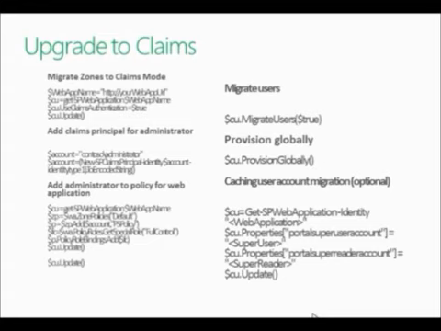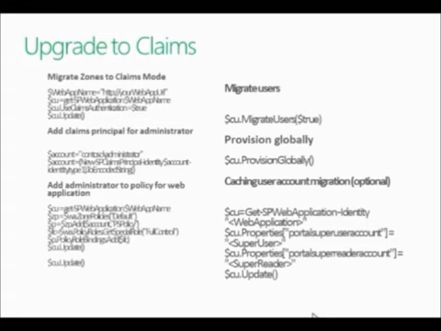We have to set the administrator for the claims principal for that new web application, or not the new web application, but the new authentication provider for that web application. Go through and update those policies for that specific role. We'll have to migrate the users. Anyone who has a session open or has checked out a file, they're going to be checked out as the original Windows-based non-claims token user.